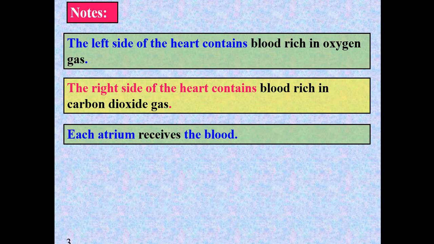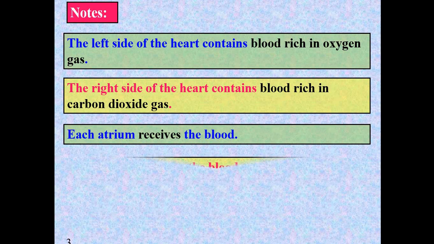Each atrium receives blood from veins. The right atrium, if you remember, takes blood from the inferior and superior vena cava, which are veins, and the left atrium will get the blood from the pulmonary vein.